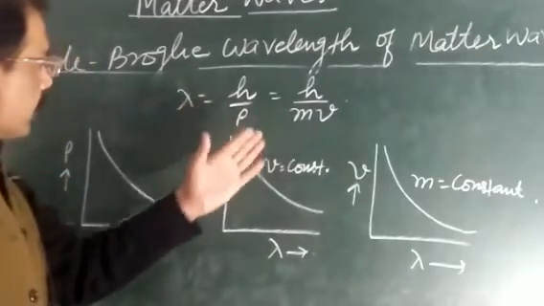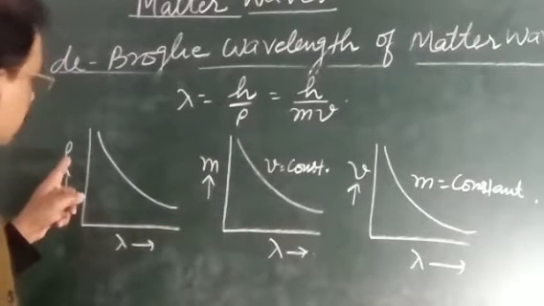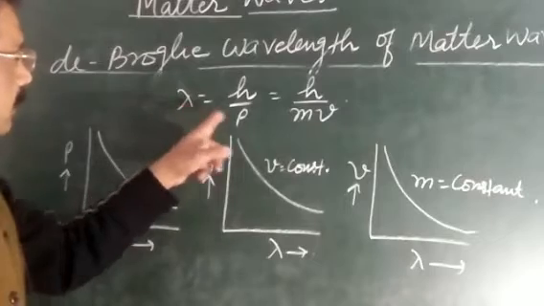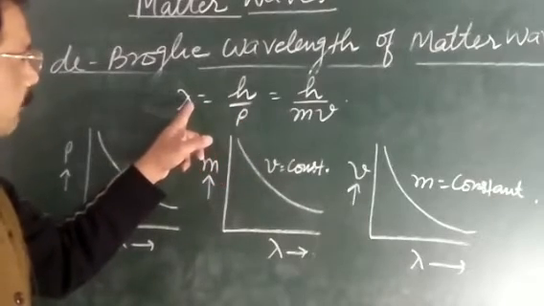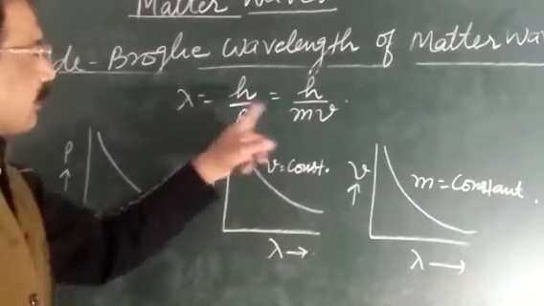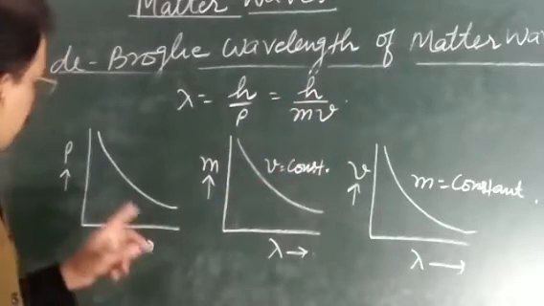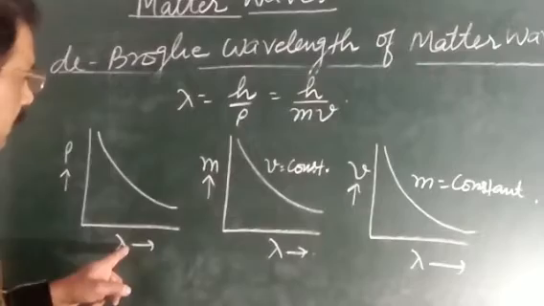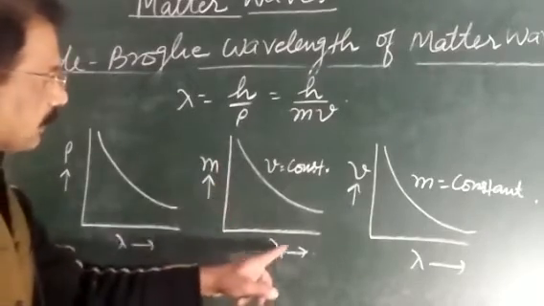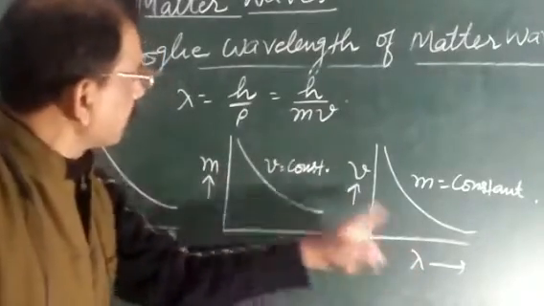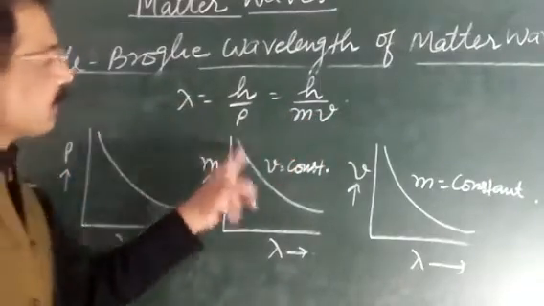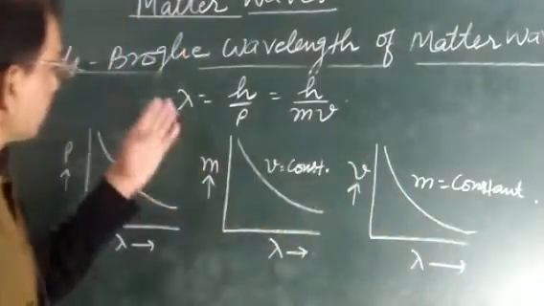When you draw a graph of lambda versus p, where h is the Planck constant, lambda is inversely proportional to p, or to m, or to v. So when you plot a graph between momentum and wavelength, or mass and wavelength, or velocity and wavelength, in each case you will get a hyperbolic graph, inversely proportional.